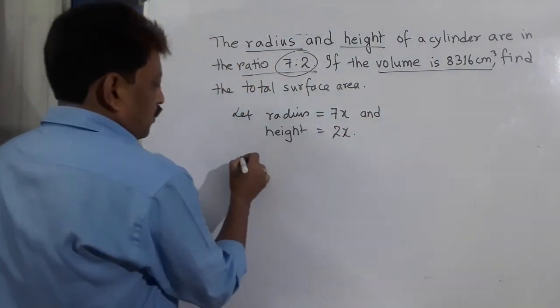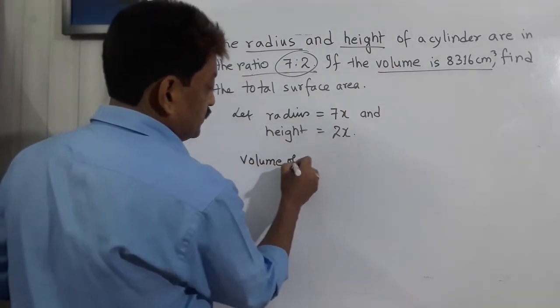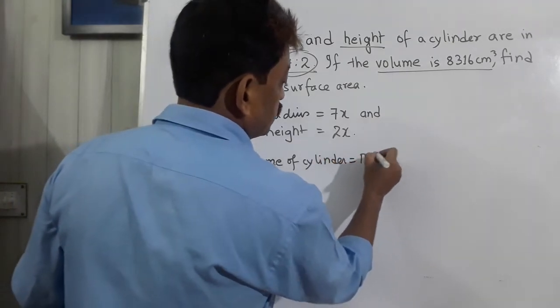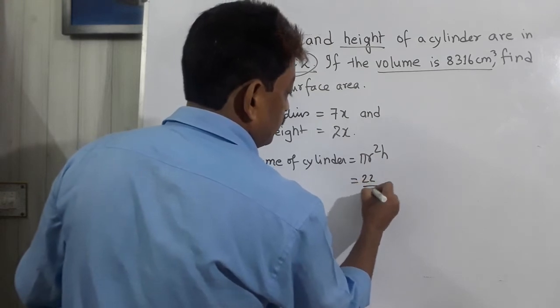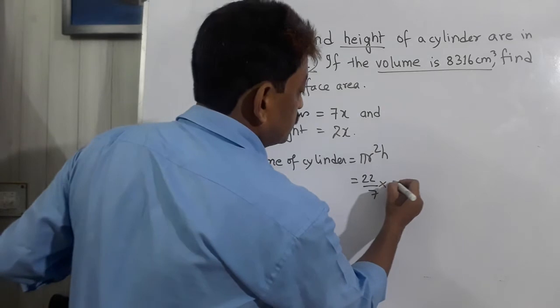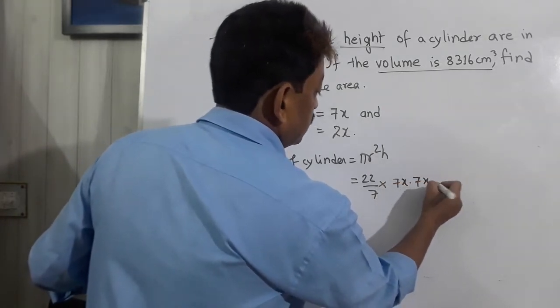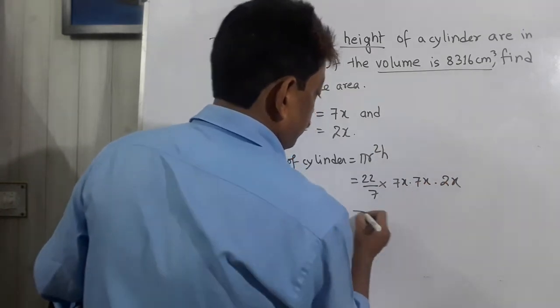Now volume of cylinder is pi r square h. Pi means 22 upon 7, r is 7x, so 7x multiplied with 7x multiplied with height 2x.